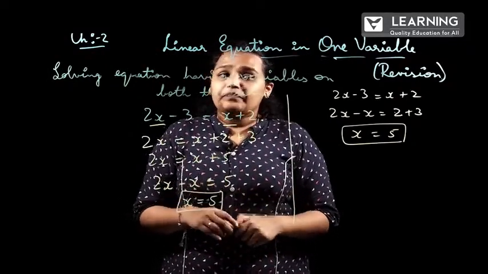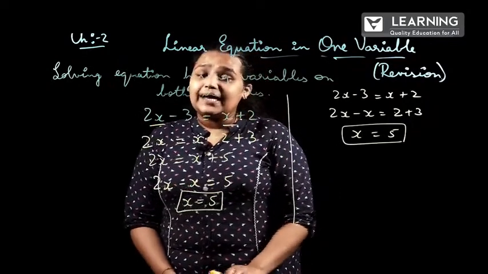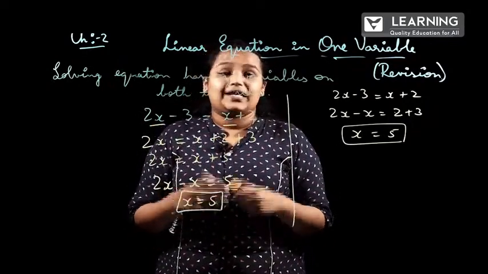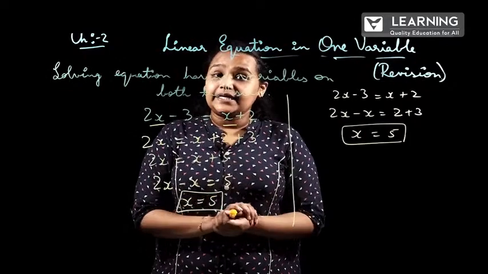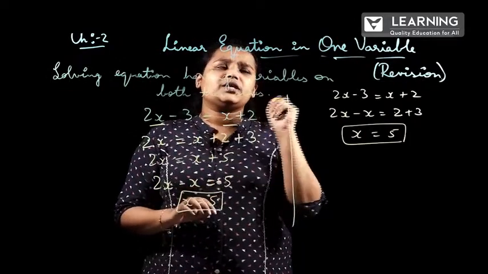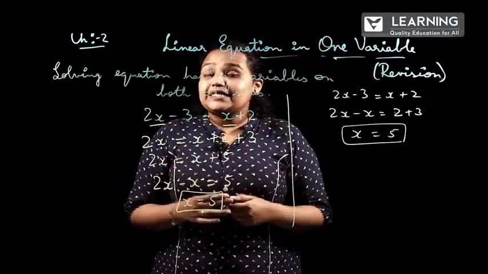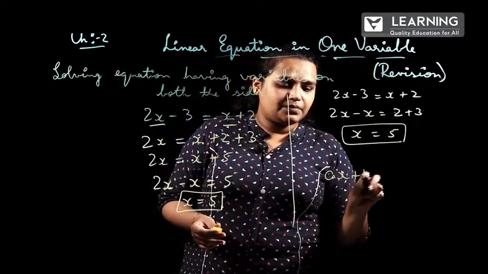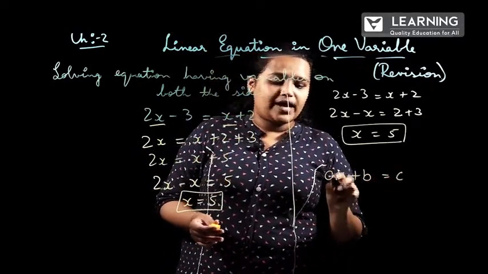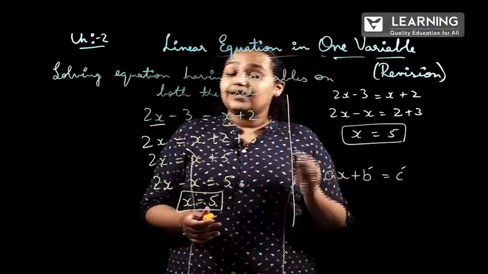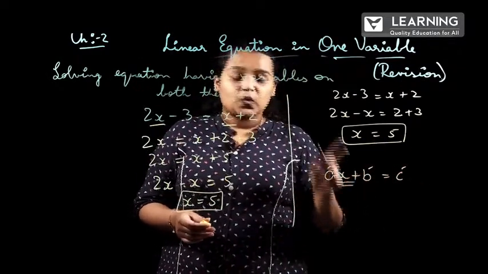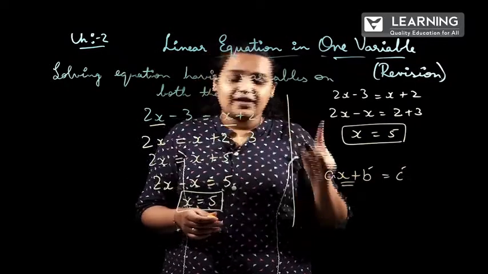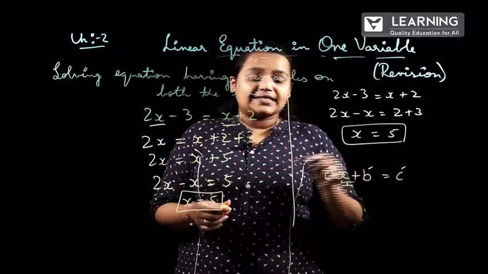So here we have learned what are algebraic expressions, what are algebraic identities, and also what is a linear equation in one variable. It is in the form ax plus b is equal to c, where a, b and c are real numbers, and one variable means only one variable, that is x, is there.